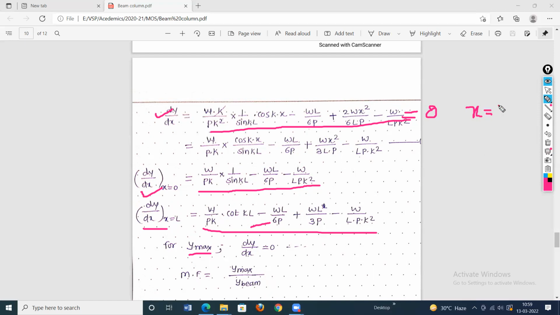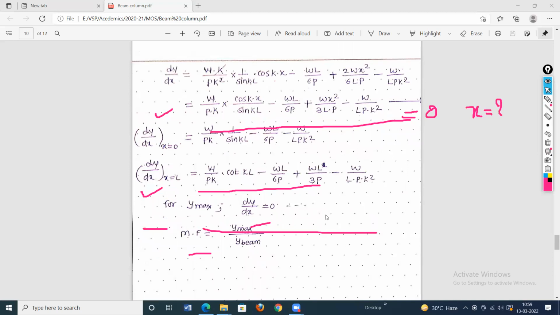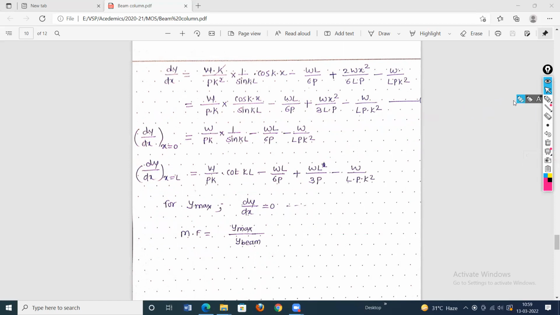Then take this X answer and substitute it in the equation for Y, and you will get the deflection at that particular point. This is a part I have not solved here. I will keep that particular part as homework. You just try it, and from that equation we get the maximum deflection.